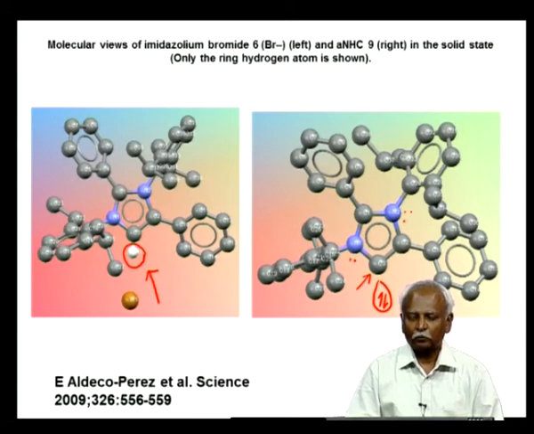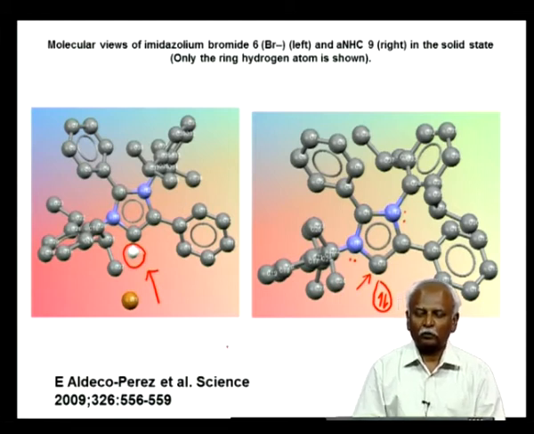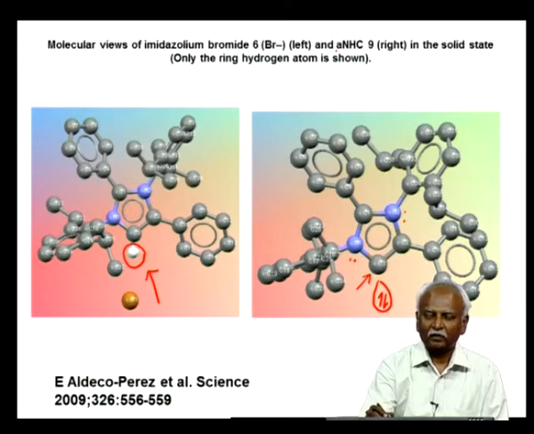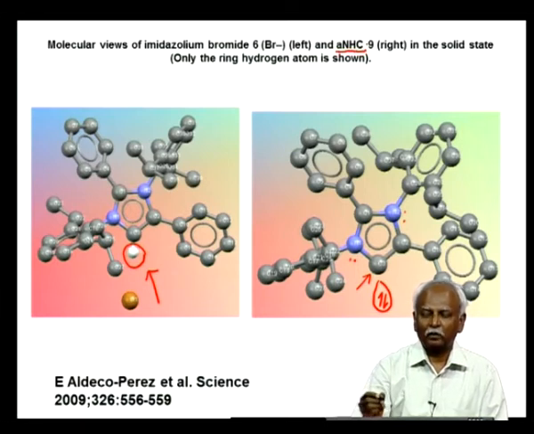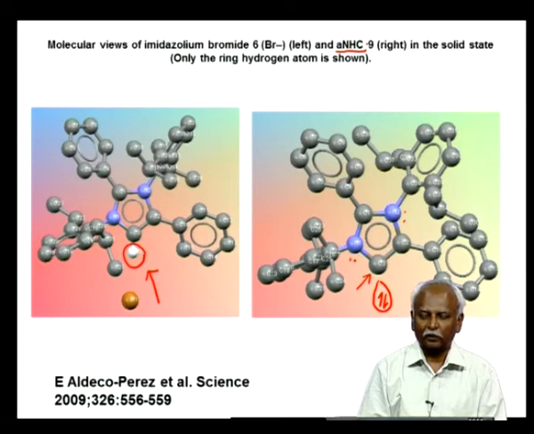Nevertheless, this now forms a carbenic system, and it can be coordinated to the metal atom, just like we coordinated the normal N-heterocyclic carbene. So, these are called ANHC, pictured here, abnormal N-heterocyclic carbene.